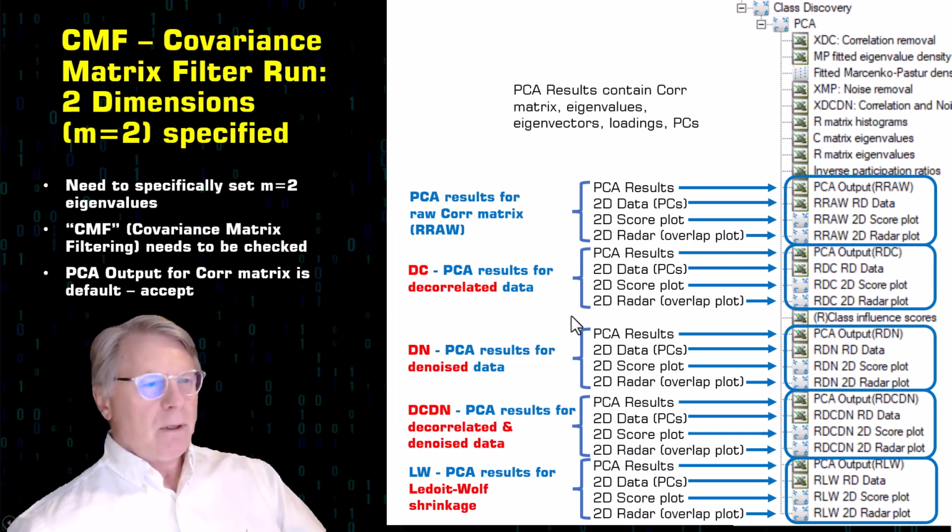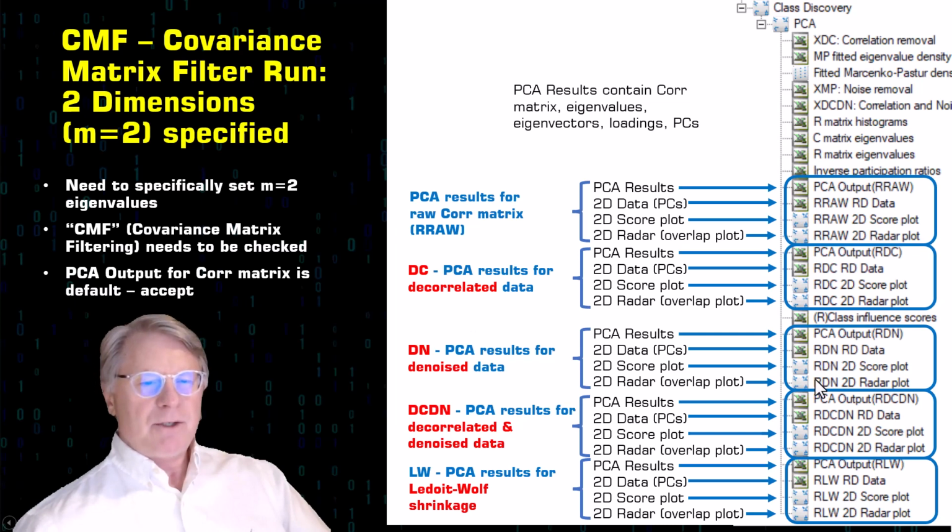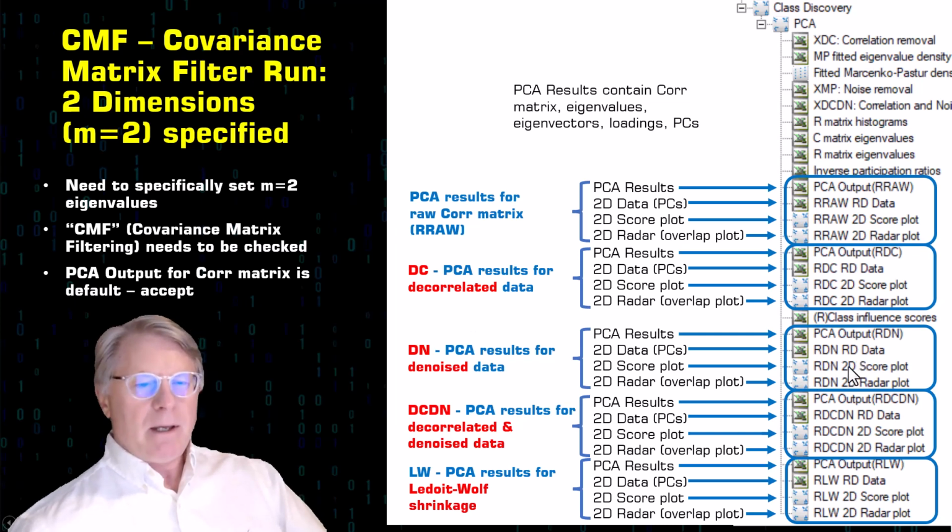So then for the decorrelated data, you're running PCA on the decorrelated data. You'll have the reduced dimension data, and then the 2D score plot and a 2D radar plot. Same thing with the denoise data. You'll have the PCA results and the denoise data. You'll have the reduced dimension data. And then a 2D score plot and radar plot.